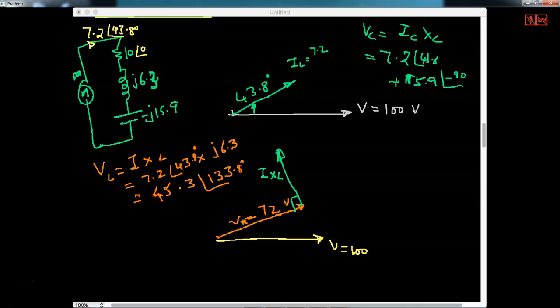Please check, it is not 144, it is 114. Similarly, the angle is 43.8 minus 90, which is minus 46 degrees. So the angle is correct. So 114 at an angle of minus 46 degrees.